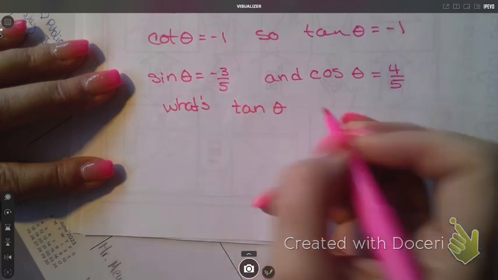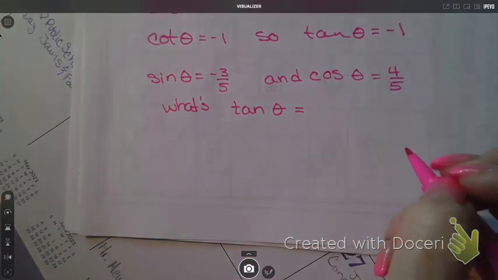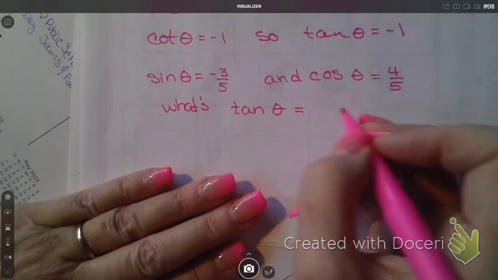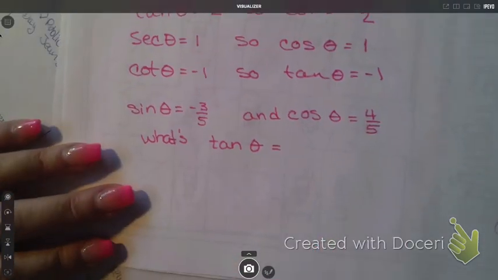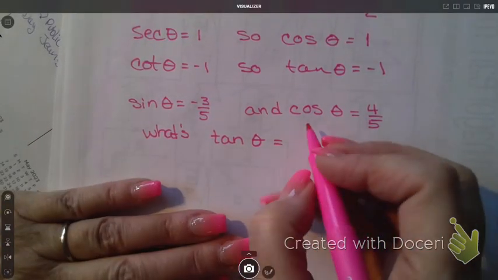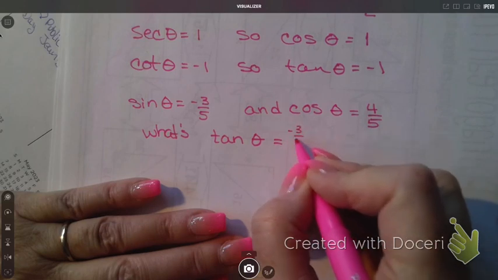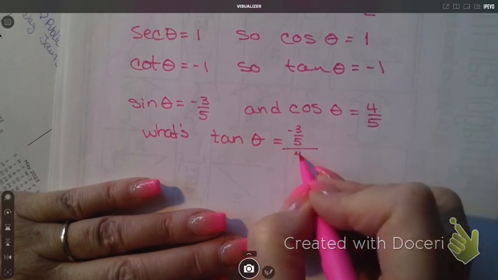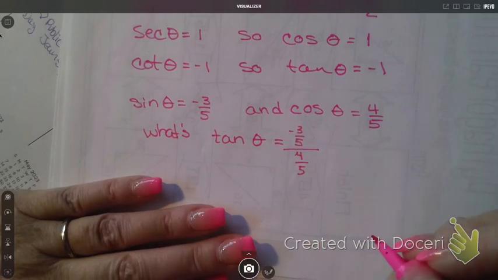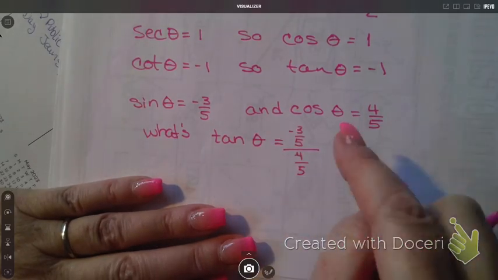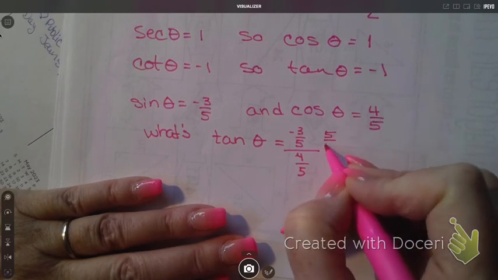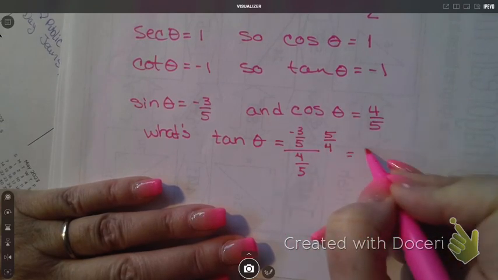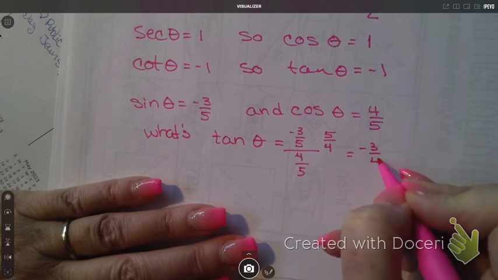Negative 3 over 4. How'd you get negative 3 over 4? Because that's the x and the y over 5. Okay, well, technically we should put sine over cosine, then multiply by the reciprocal, and when the denominators are the same, they reduce out, and you would get negative 3/4.